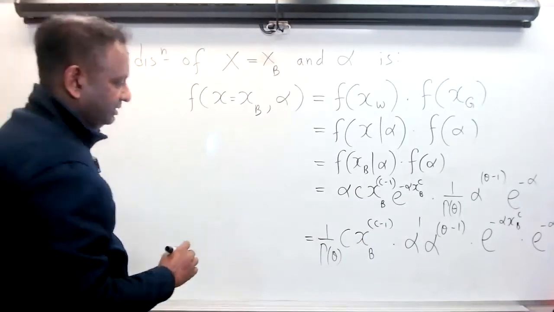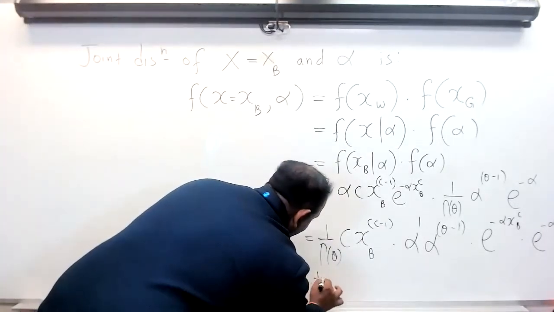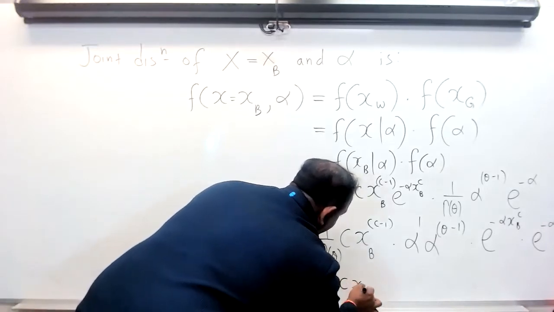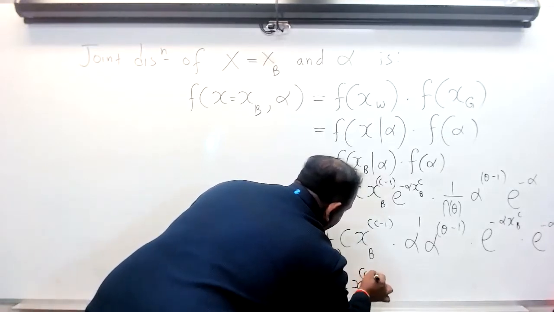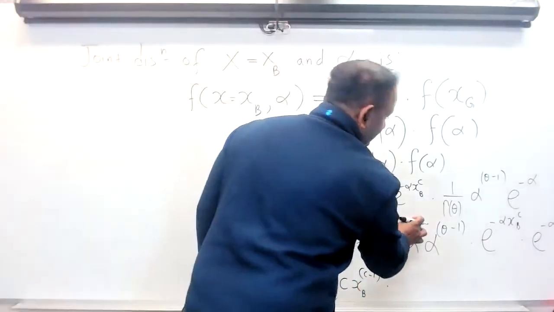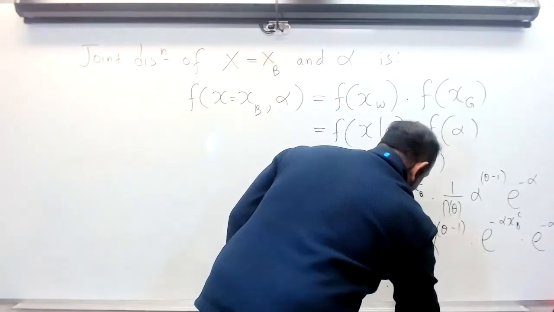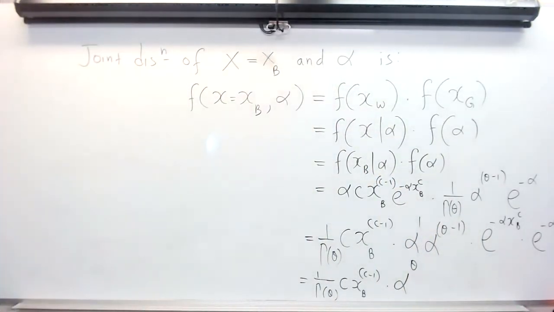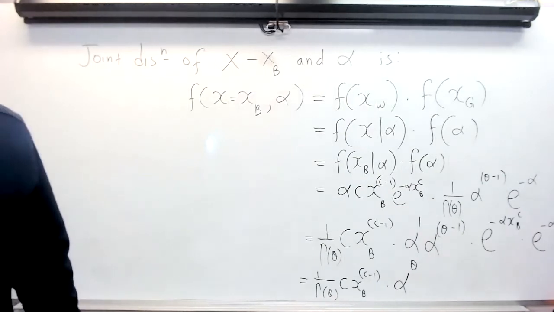Then we can combine. I'm going to write this one as it is: 1 over gamma theta, c xb to the c minus 1 times alpha to the c. This one and this one get cancelled off, leaving alpha to theta.